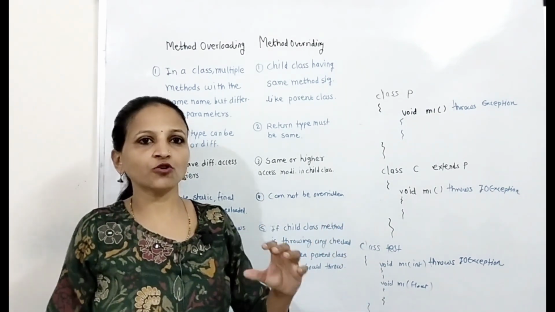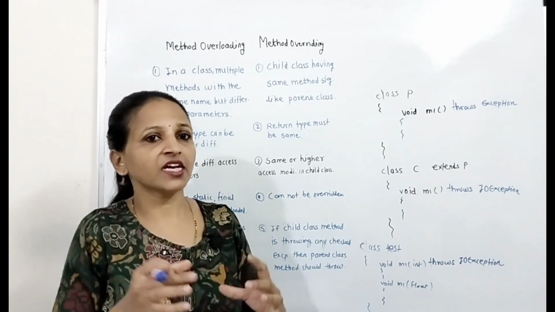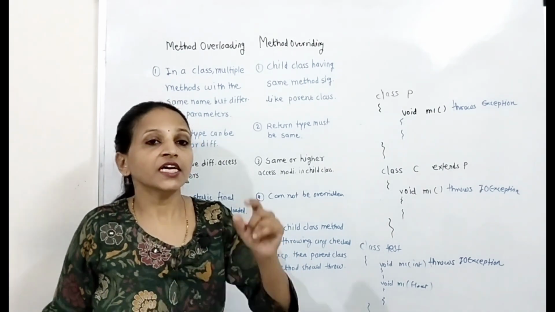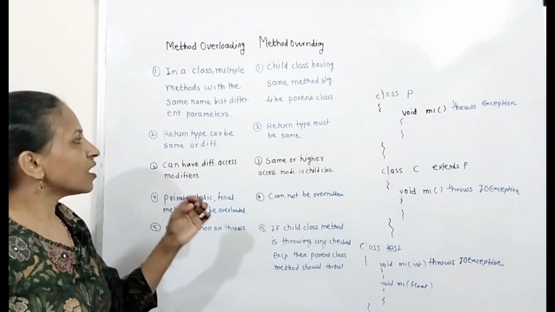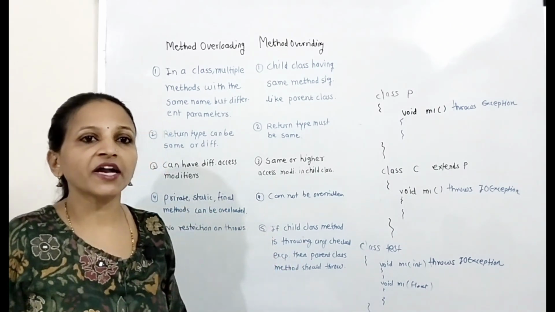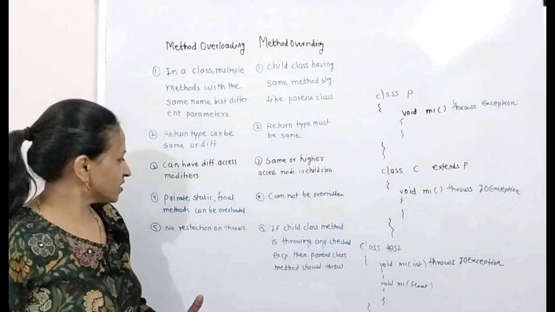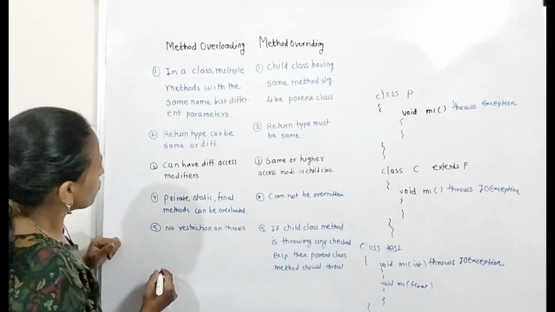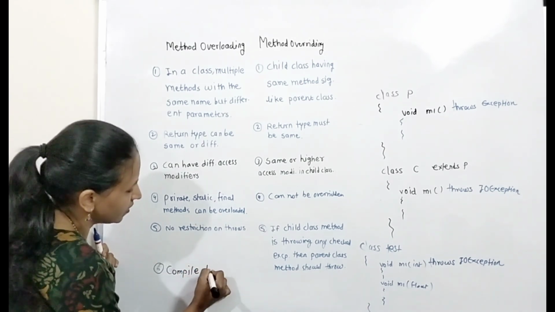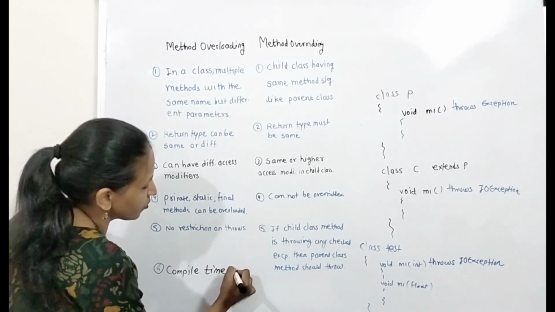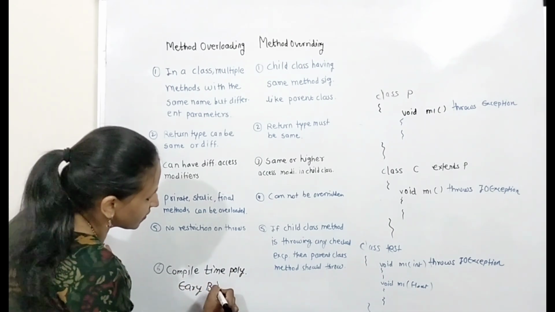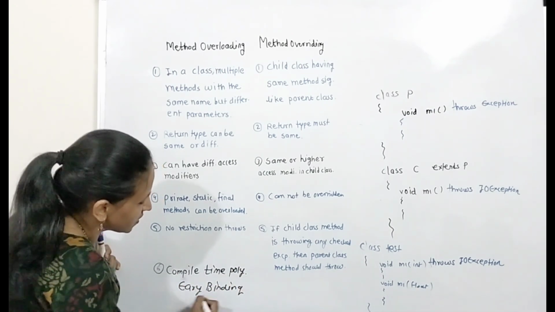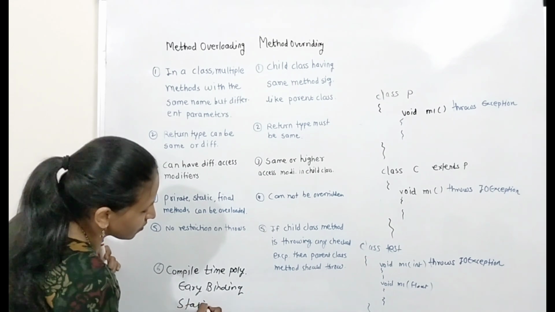And the linking of the method call to the method definition will be done at the time of compilation only. That's why method overloading is called compile time polymorphism, also called early binding, also called static polymorphism.